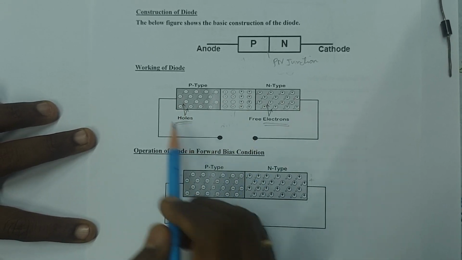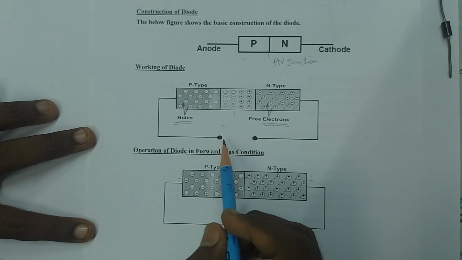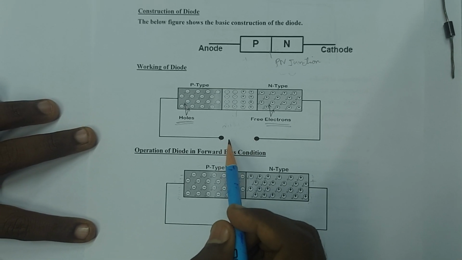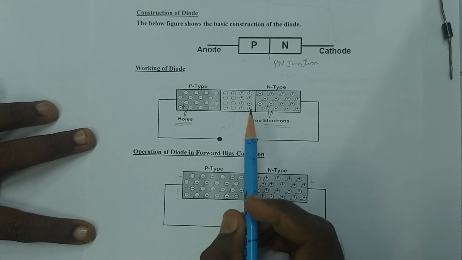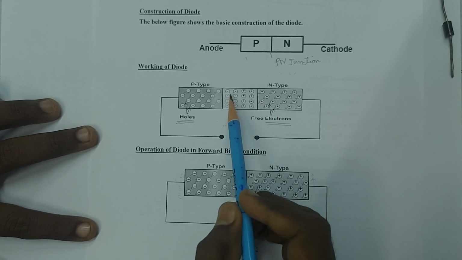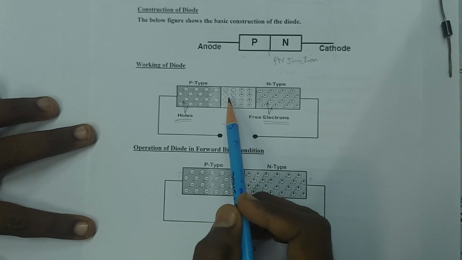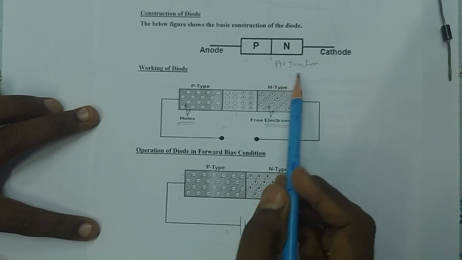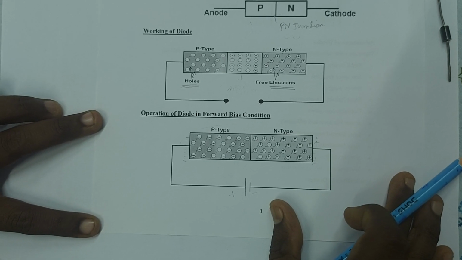Now there are 2 possibilities: we can change the polarity of the battery or DC supply, plus and minus, and we get 2 results. Between the p-type and n-type material there is a depletion region formed by the p-n junction. Now we are going to see the operation of the diode.